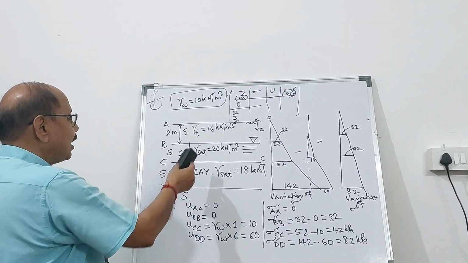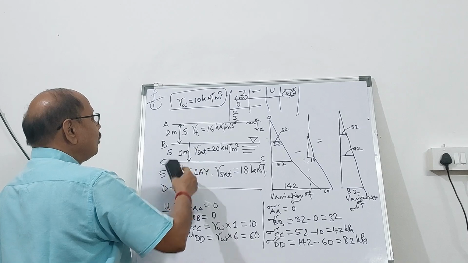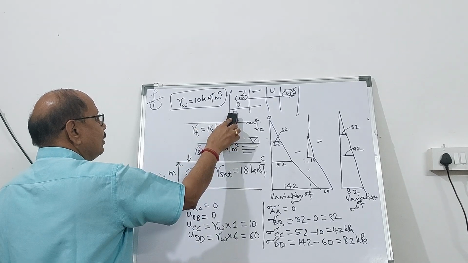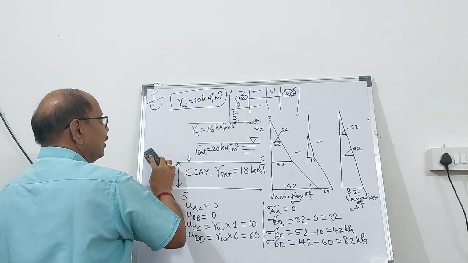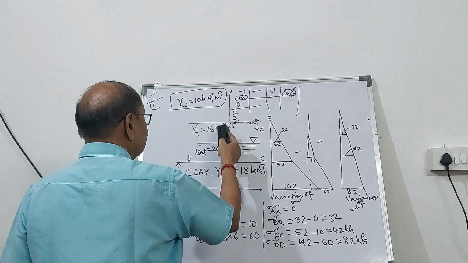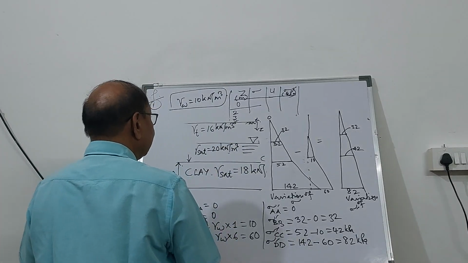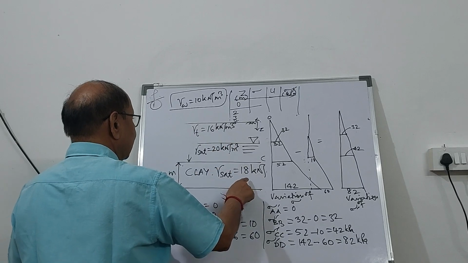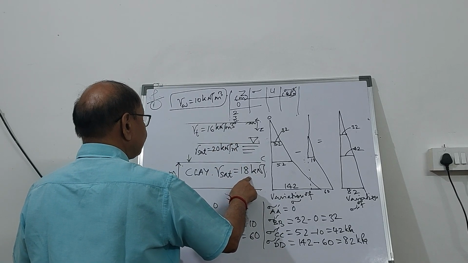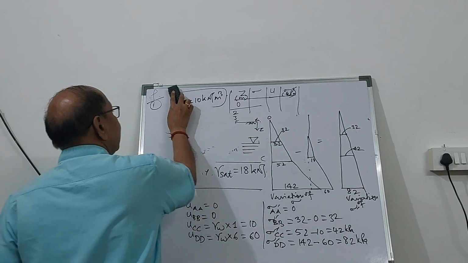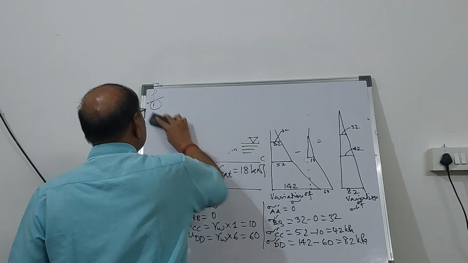So here the groundwater table was here. Now I will be taking another problem where the groundwater table is going to touch the ground level. It is the same problem, you can take it. So 16, 20 and 18. So we can take another problem.